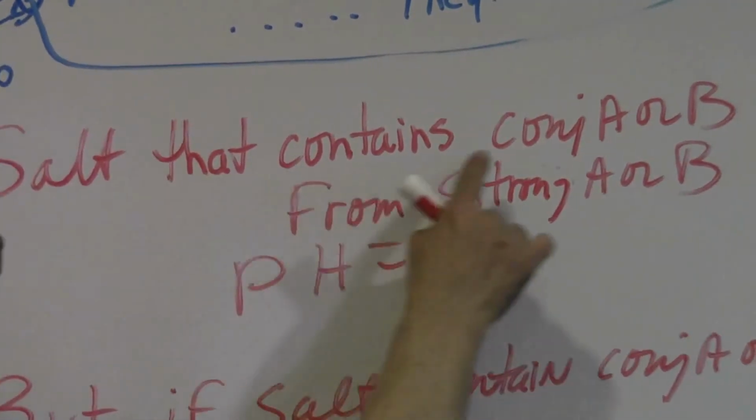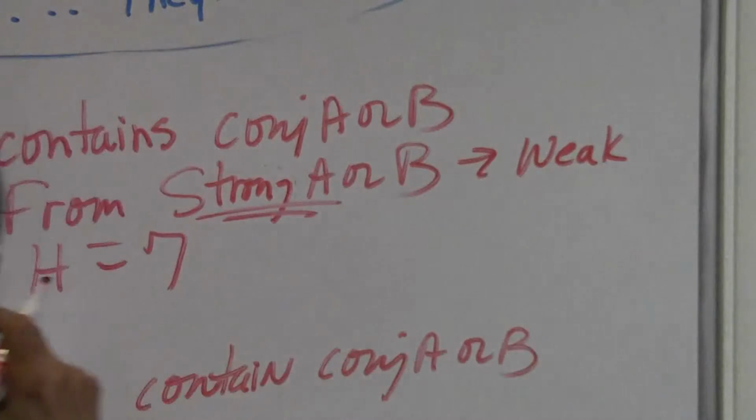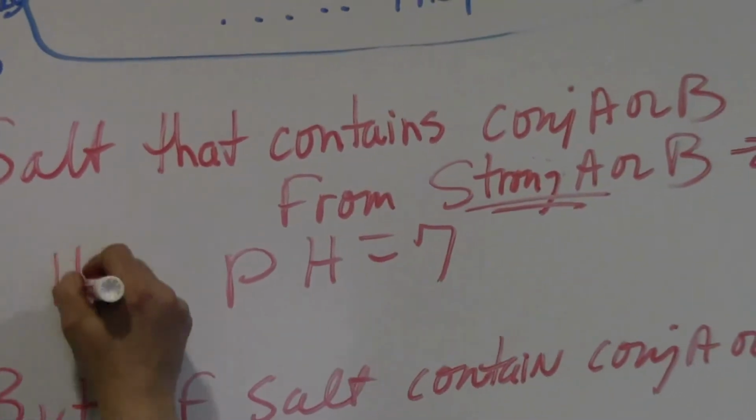If the salt contains a conjugate acid or base from a strong acid, then you're going to get weak conjugates, weaker than water. Then the pH is set by the water.